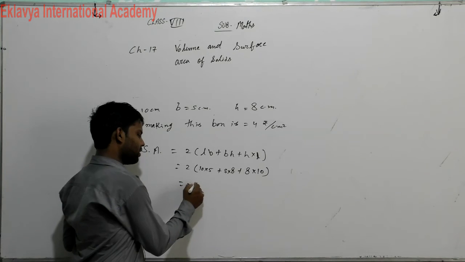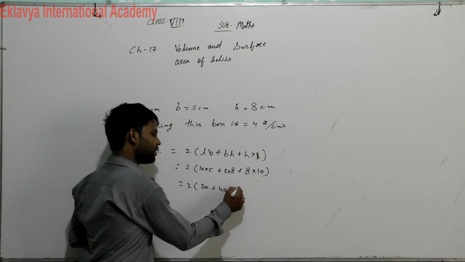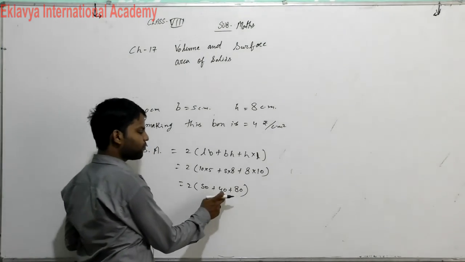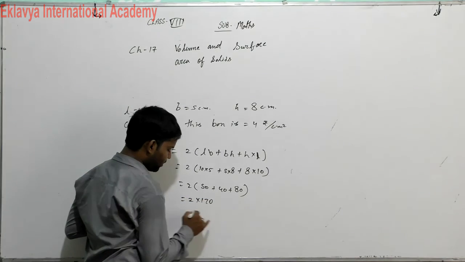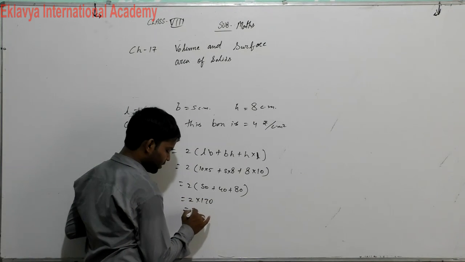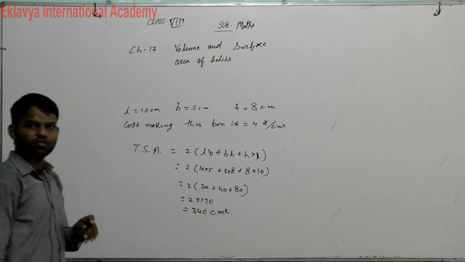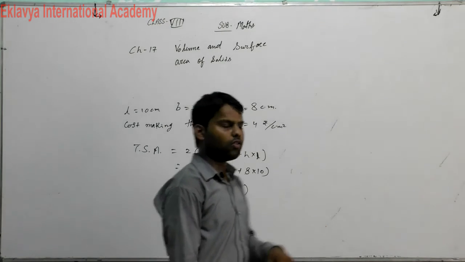Then we get 50 plus 8 fives are 40 plus 8 tens are 80. Then 50 plus 40 is 90, plus 80 is 170, and 17 twos are 34 centimeter square. Till here we have only found out TSA of cuboid.